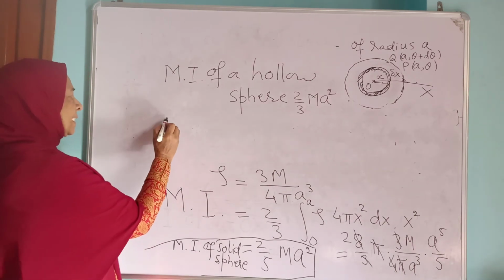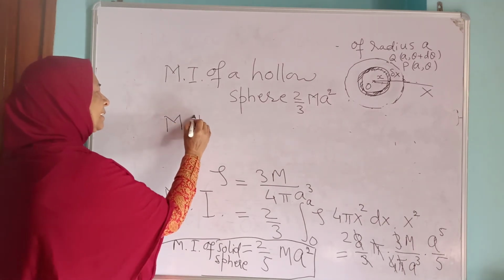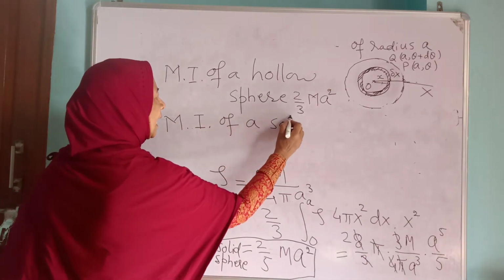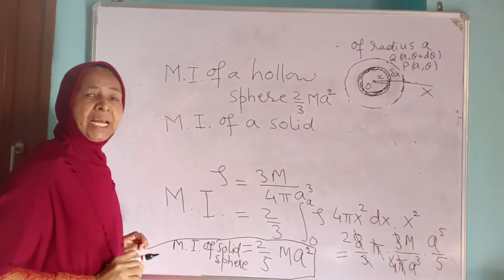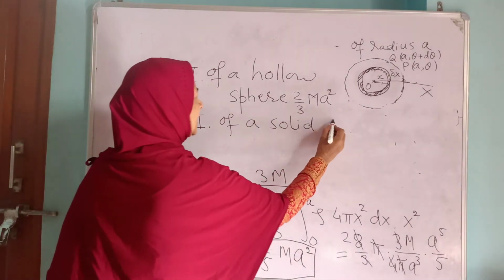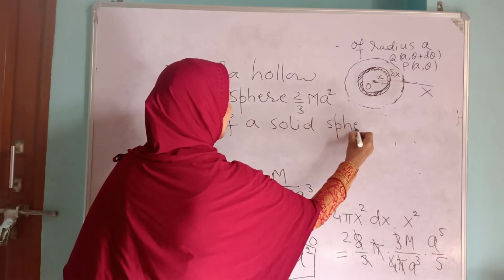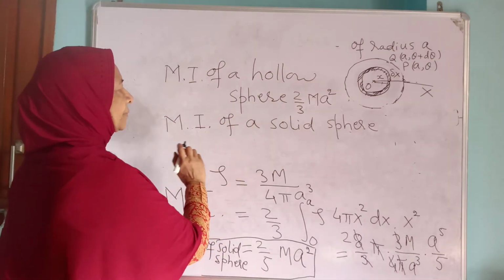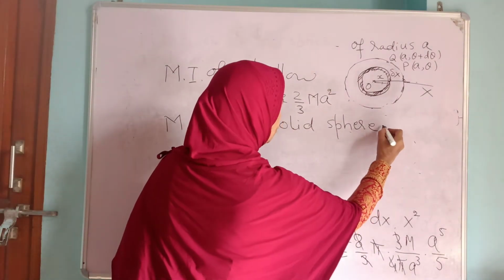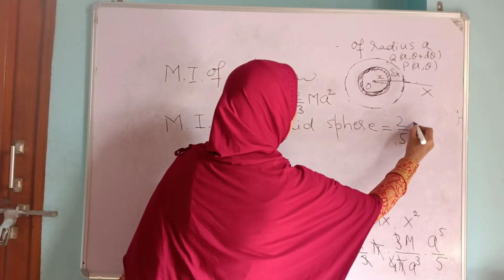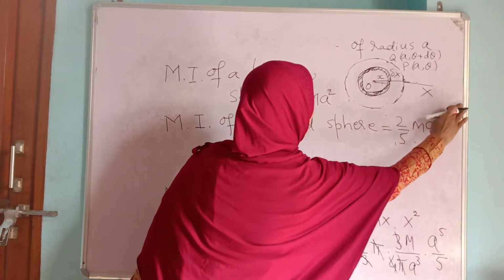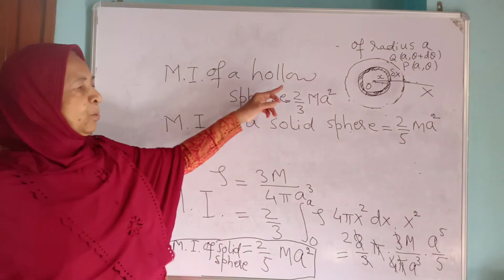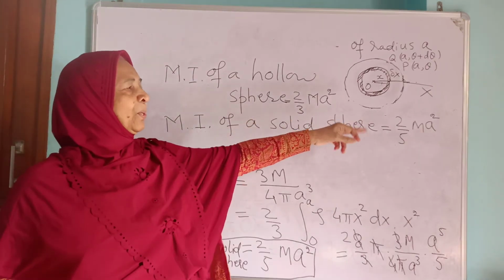Now, if you consider the same sphere, whose mass is m and radius is a, and the same axis about OX, this is 2 by 5 ma square. Which is greater, 2 by 3 or 2 by 5?